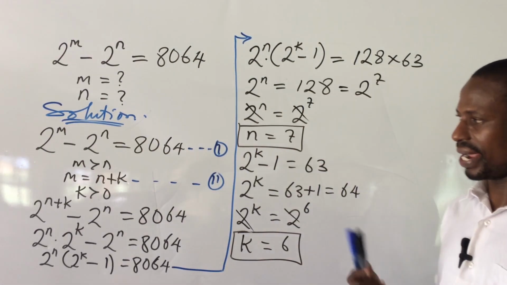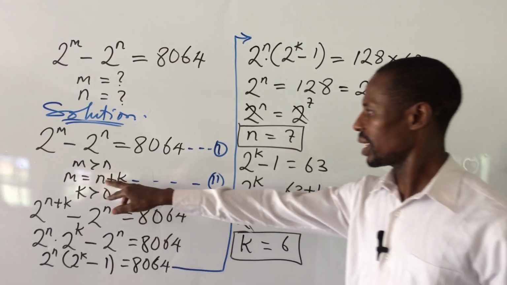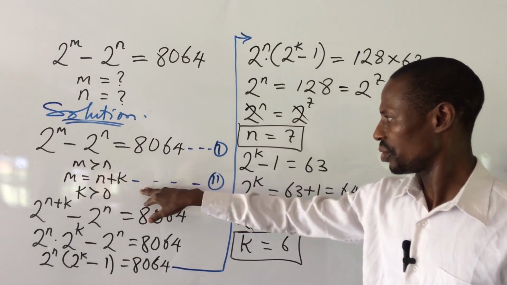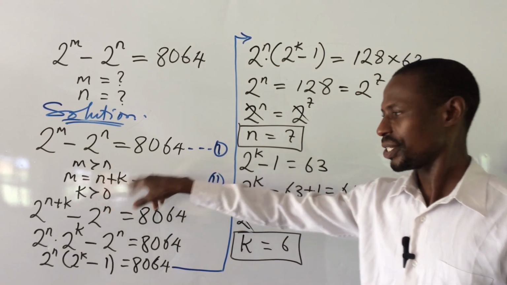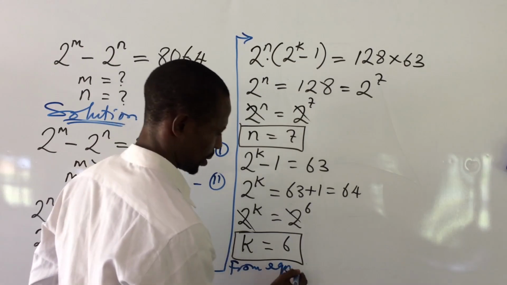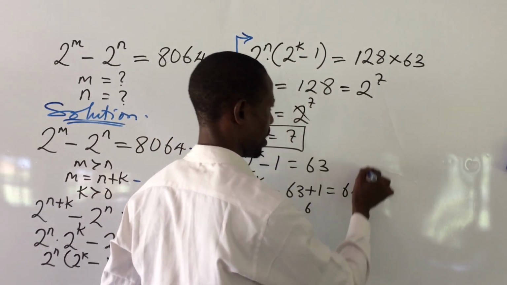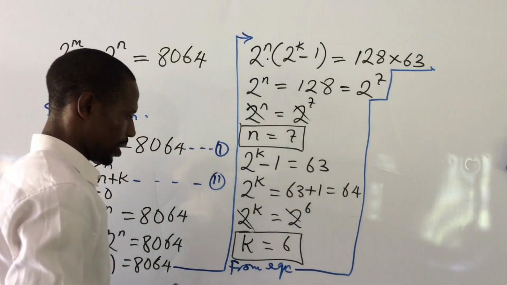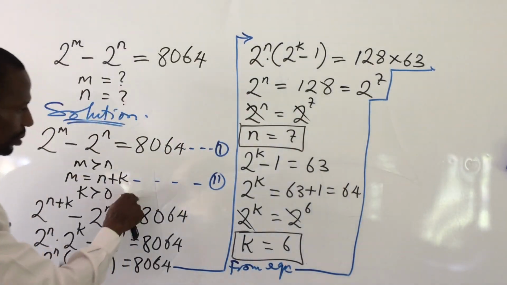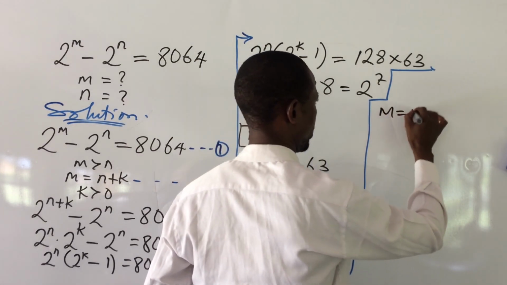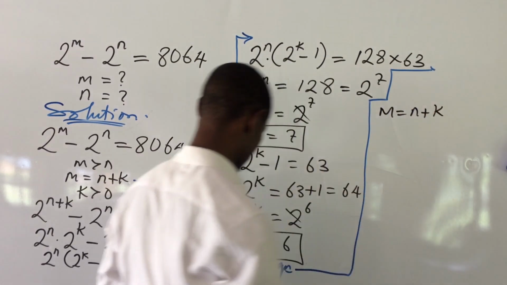How do we now get our m? Very easy. Look at our equation 2. From our equation 2, we can solve for our m. Let's proceed on this other side. Our equation 2 says that m equals n plus k.